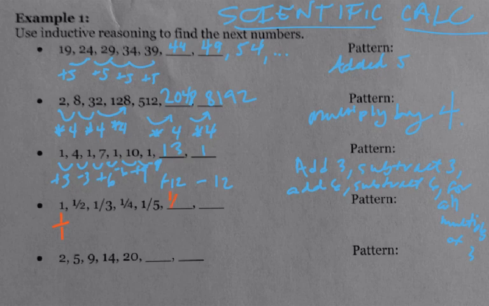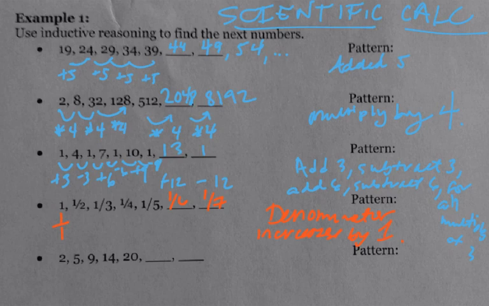So following that pattern, I'm going to end up with 1/6 and 1/7. And I would say that the denominator, which is the bottom part of the fraction, increases by 1.